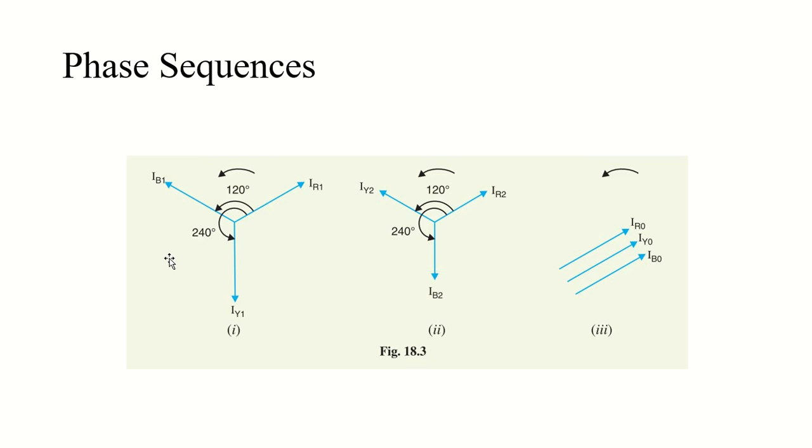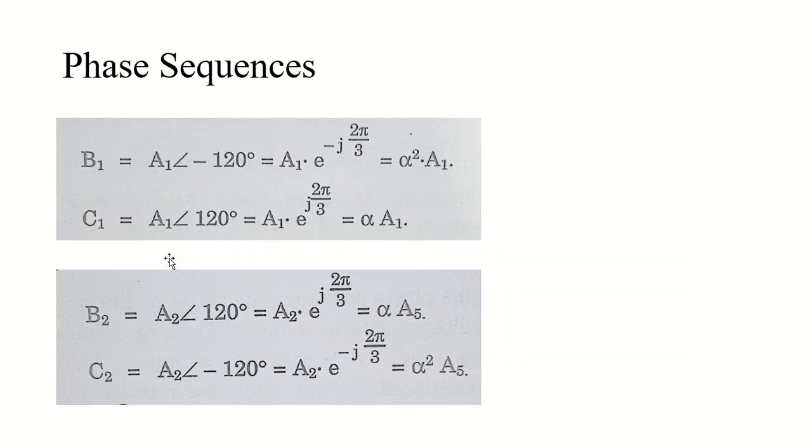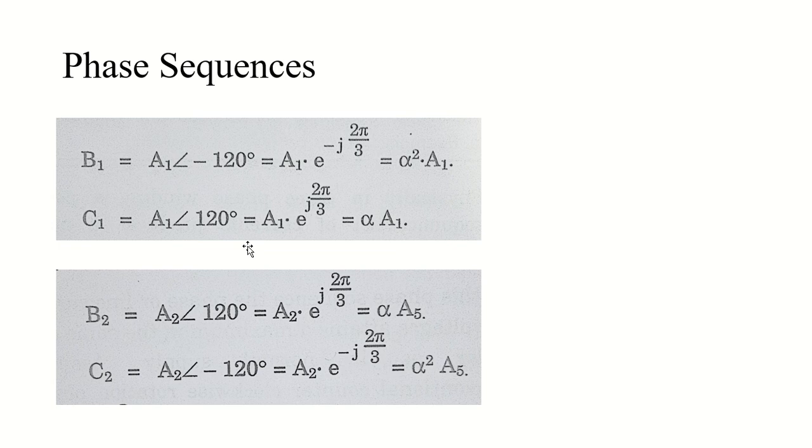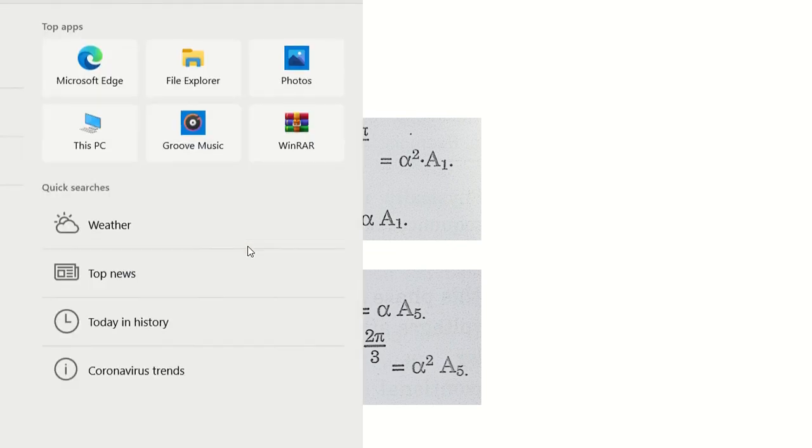And you can write A1, B1 and C1 in this manner. A1 will be A1, and B1 is equal to A1 angle minus 120 degrees. If you take this A, B and C, then B1 is A1 shifted by minus 120 degrees.